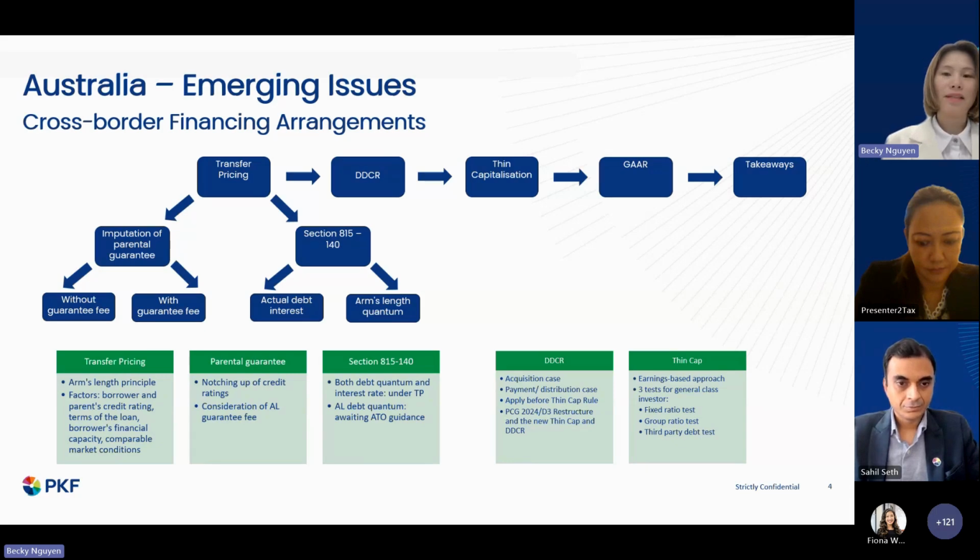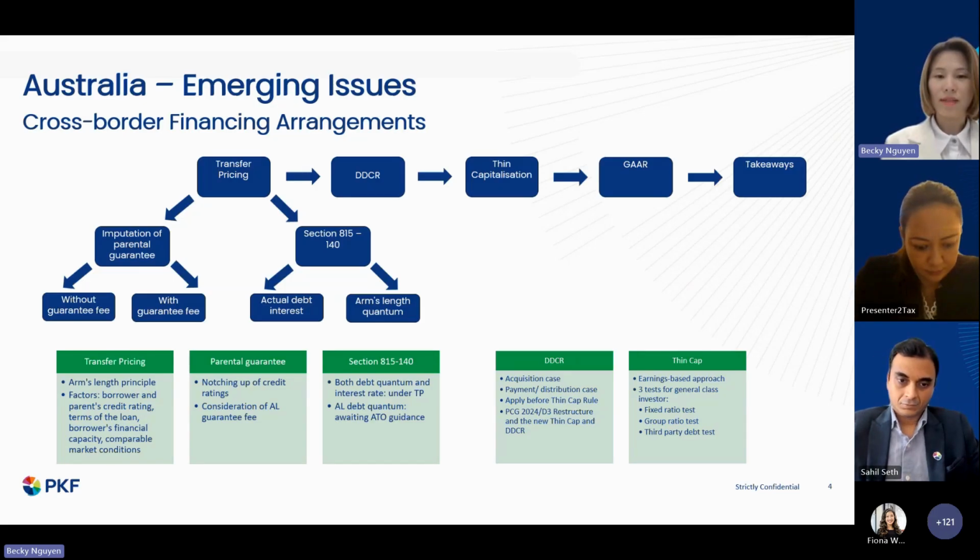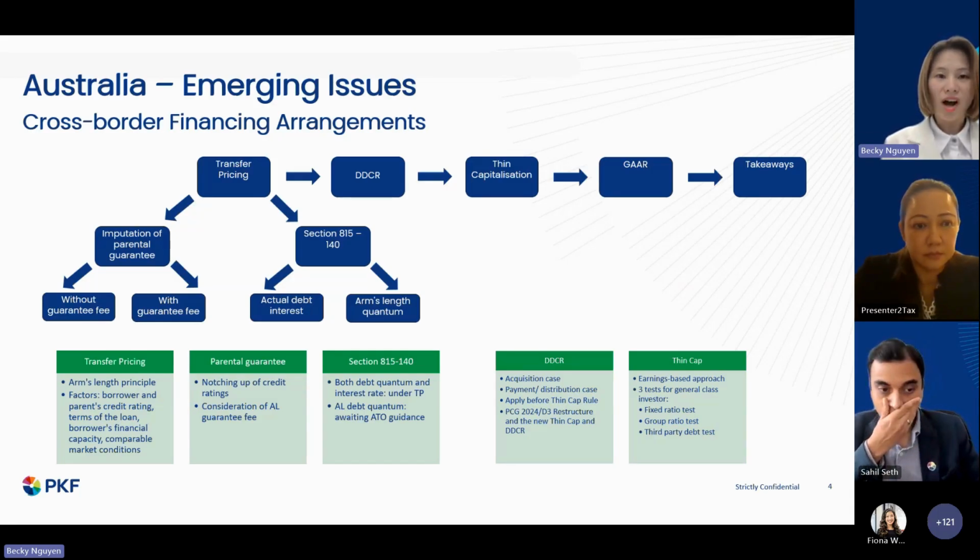And it can happen in two scenarios. One, borrowing from an associate to fund an acquisition of CGT assets from another associate. For example, an entity borrows funds from a parent company to fund the purchase of trading stock from a sister company. This type of debt arrangement will be denied under the debt deduction creation rules.